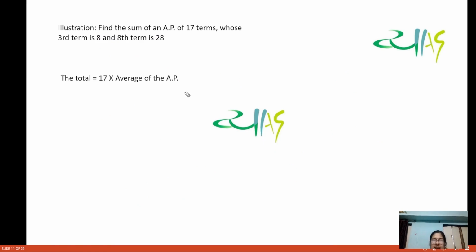So now look, one is this method, the other is n/2 times (2a + (n - 1)d). D you have obviously taken out, 4 came. D is 4 for you. And what is the first term a? Obviously you can take it out. This is the second term; if you subtract 4 you get 4, subtract 4 again and you get 0.